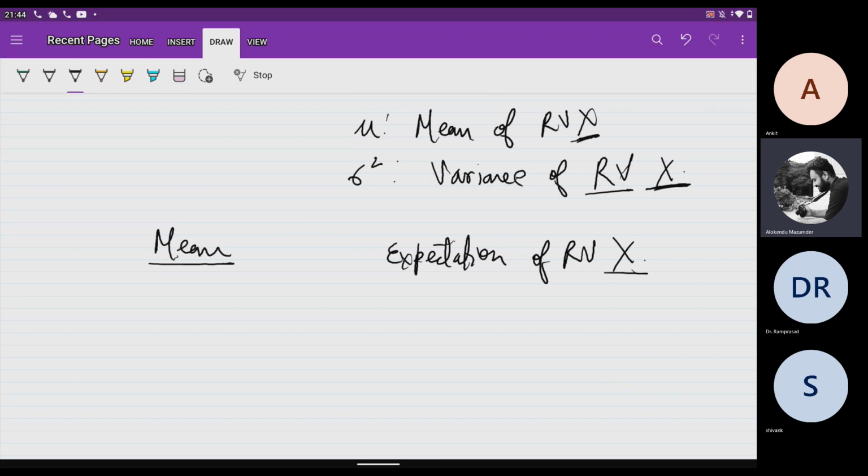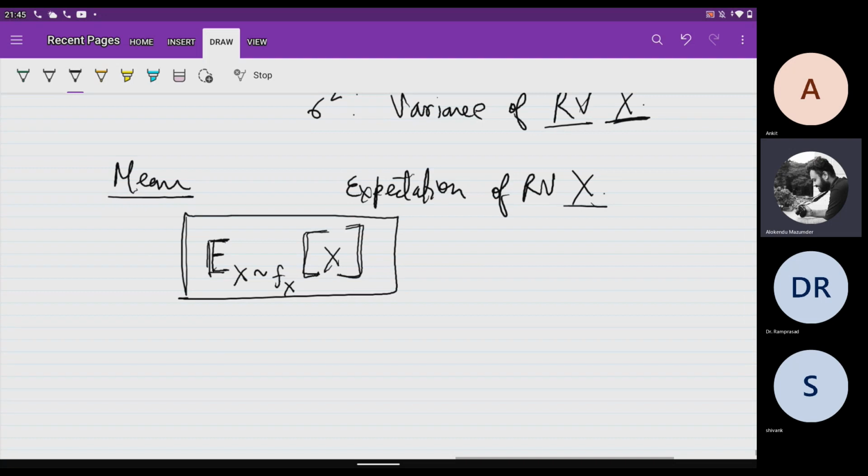It's defined as the expectation over the random variable x with a PDF f x. This is how you write an expectation. It is denoted as the integral from minus infinity to plus infinity of x times f of x dx.